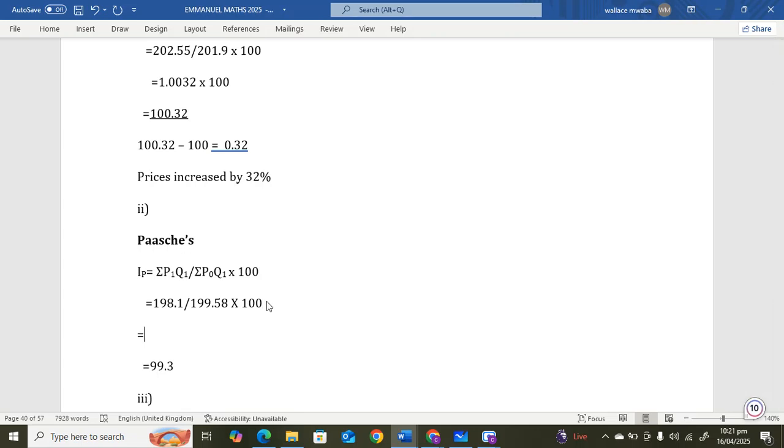198.1 divided by 199.58, what value do we get? Times 100.